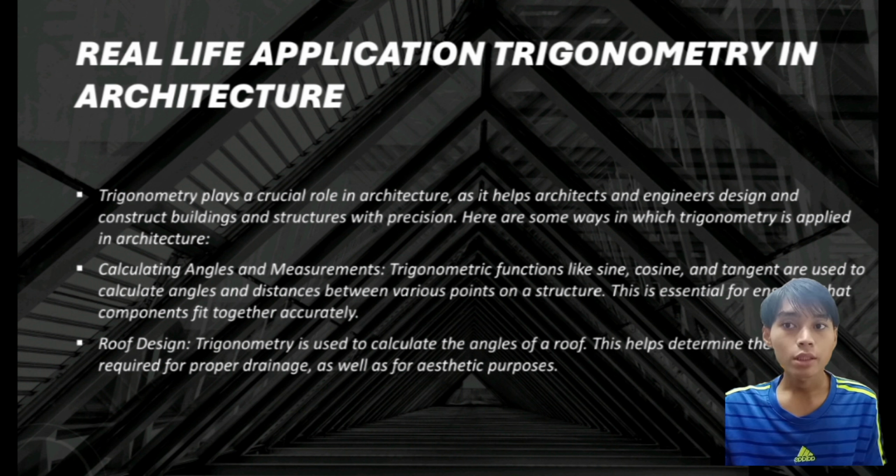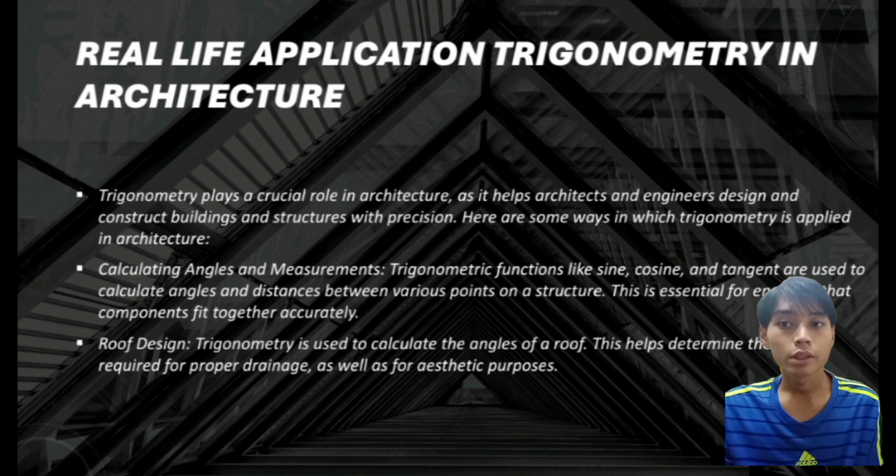Trigonometric functions like sine, cosine, and tangent are used to calculate angles and distances between various points on a structure. This is essential for ensuring that components fit together accurately.